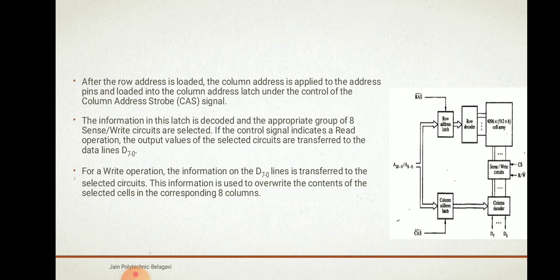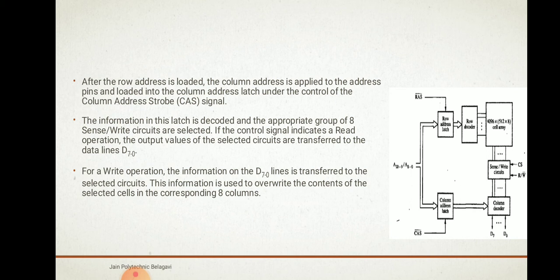Now the information in this latch will be decoded and the appropriate group of 8 sense write circuits will be selected. That is, the appropriate 8 columns' sense write circuits will be selected. Now if the control signal indicates a read operation, the output values of the selected circuits are transferred to the data lines D7 to D0.